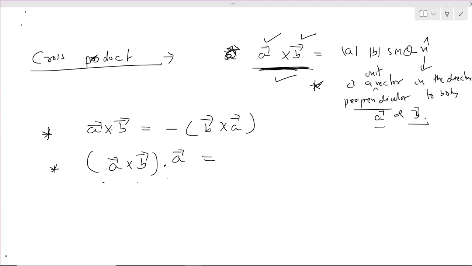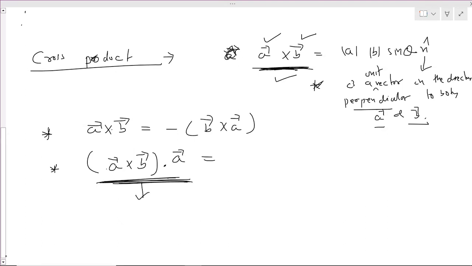A cross B dot A. Mod A square cross A dot B. Okay. Think again. Do not try to find the magnitude. Just think what this represents. Then you will get the answer very easily.